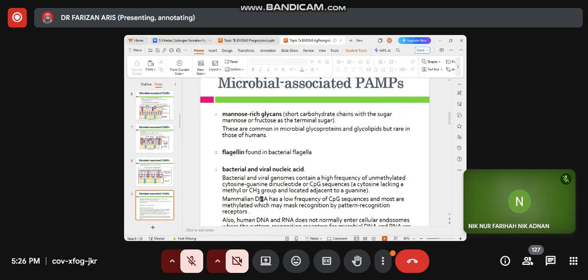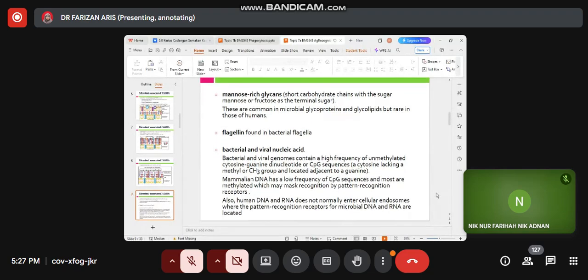For eukaryotic cells, normally we don't have a methylated CH3 group. Probably in terms of the frequency of CpG sequences, which means CGCG repetitive sequences, mammals normally have very few, not many. But bacteria have a lot. So this could also be considered as PAMPs.